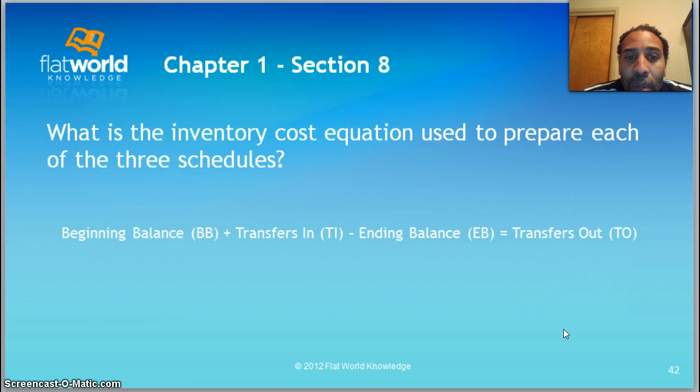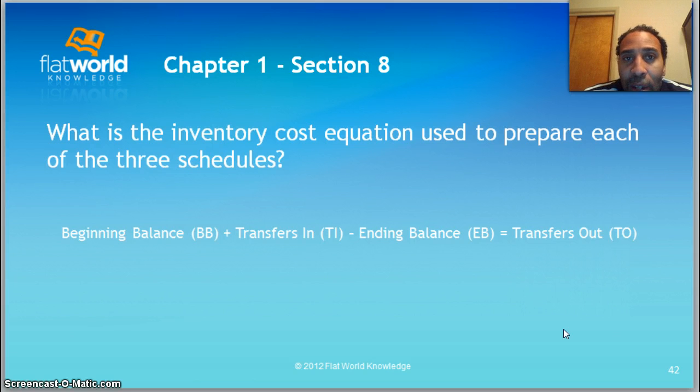Beginning balance, or BB: how much did I have? I had 1,000. Transfers in, or TI, is how much I purchased. So I had 1,000, and I had another 1,000 transferred in, so now I have 2,000. Ending balance, or EB, is 1,000. So let's say my beginning balance is 1,000, transferred in is 1,000, so I have 2,000, and my ending balance was 1,000.